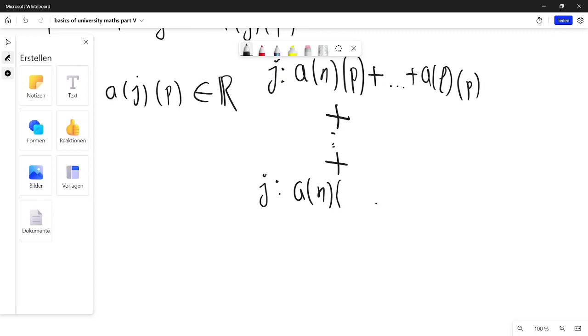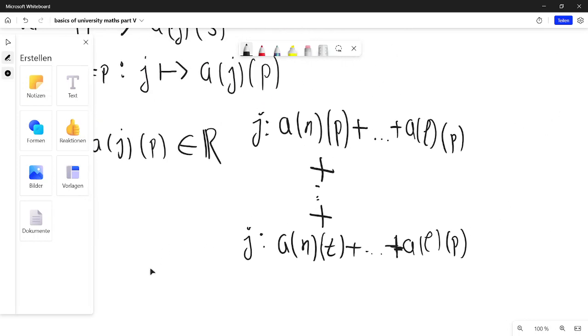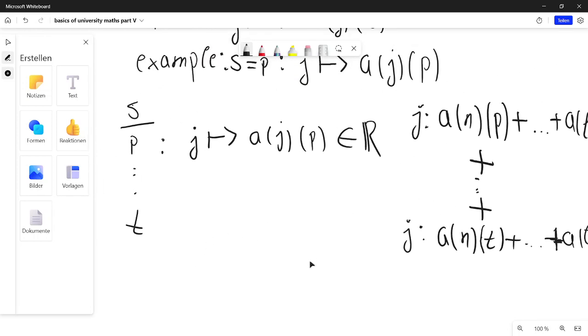So what we have is t, and this would be this double sum, right? And we see we can really construct it.